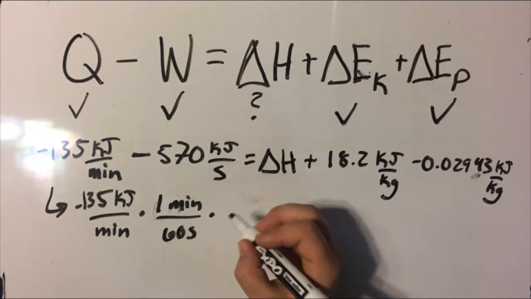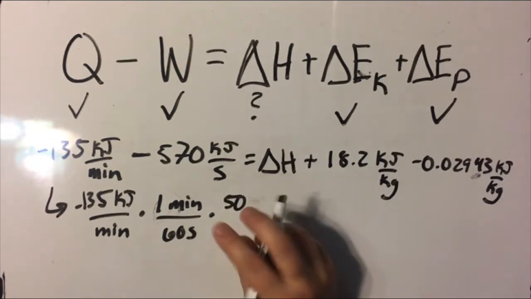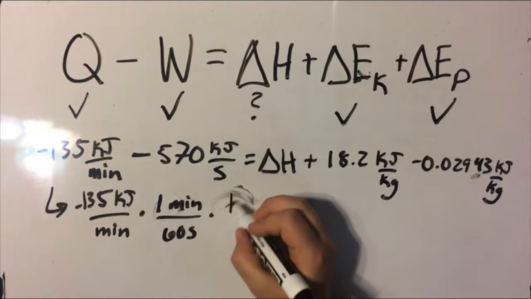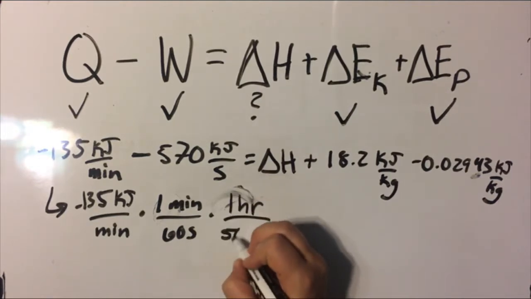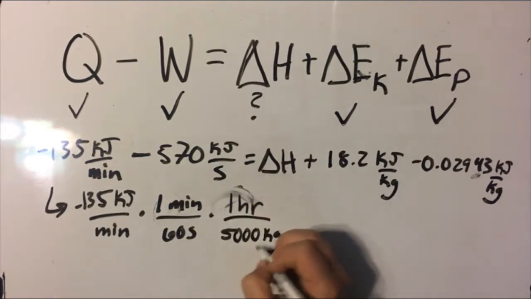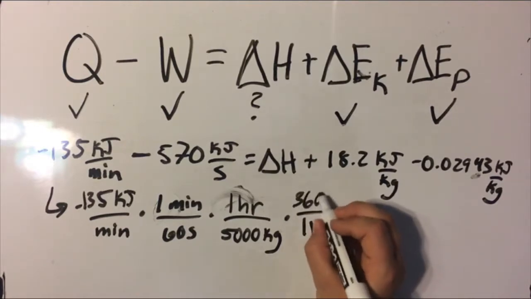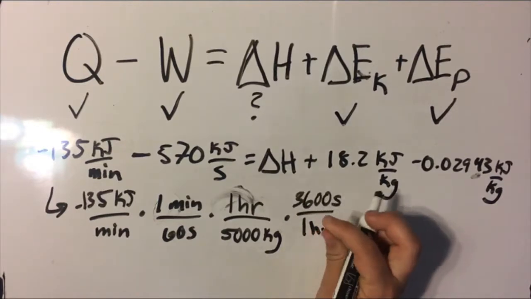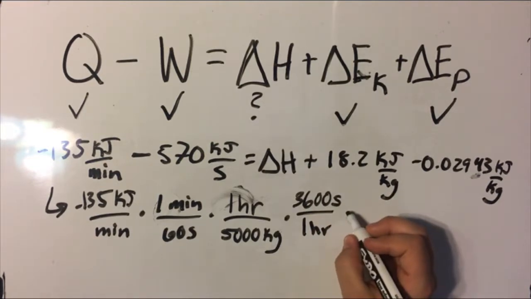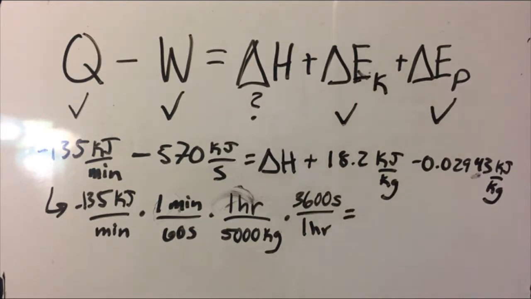We know that in 1 hour, we have 5,000 kilograms going through our system. So one more time conversion just to get that where we want it to be. And that will give us our delta Q, which will equal negative 1.62 kilojoules per kilogram.